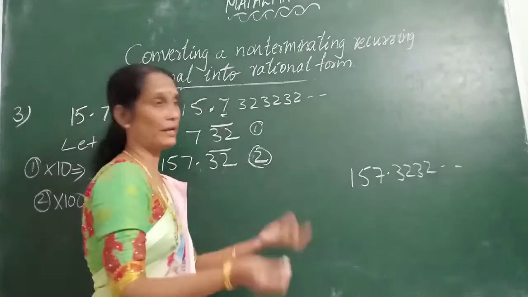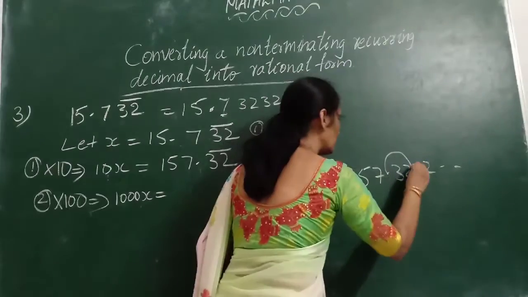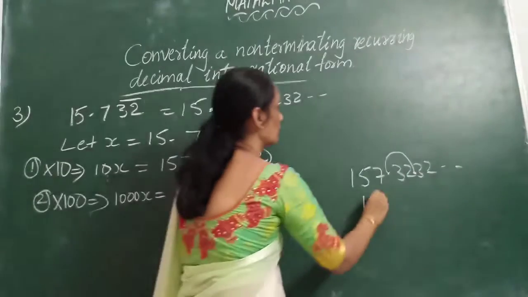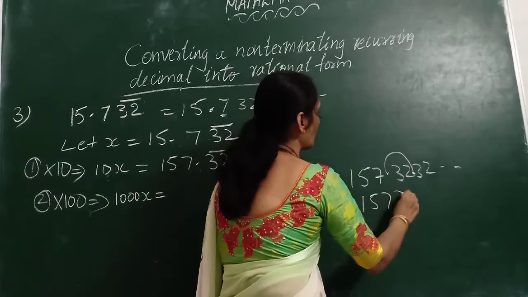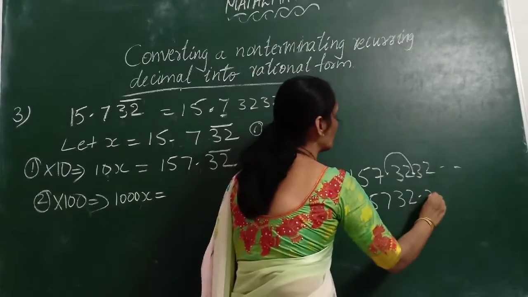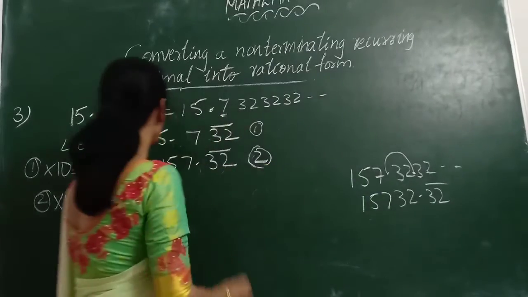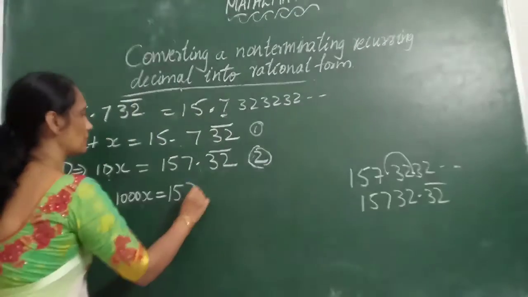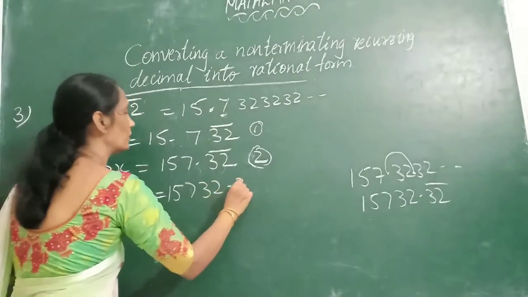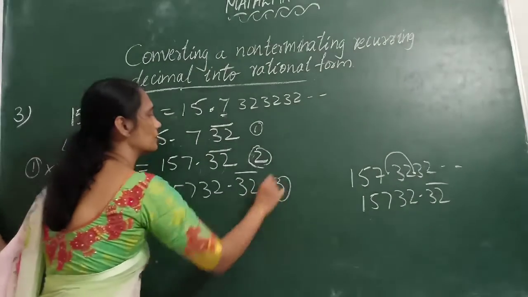We are multiplying by 100, which means the point will move 2 digits right. So it will become 15,732.32 bar. This is equation number 3.